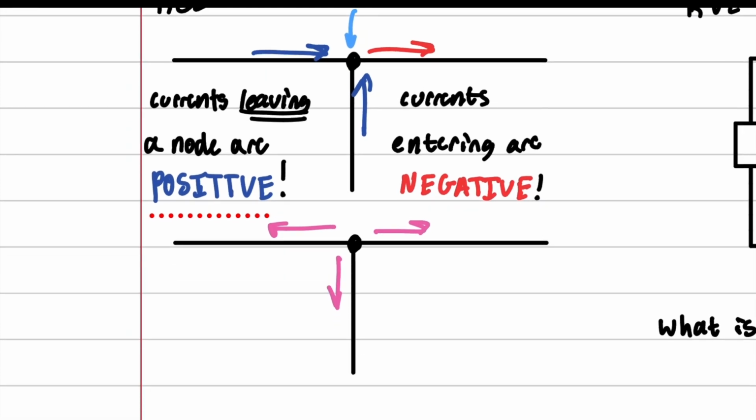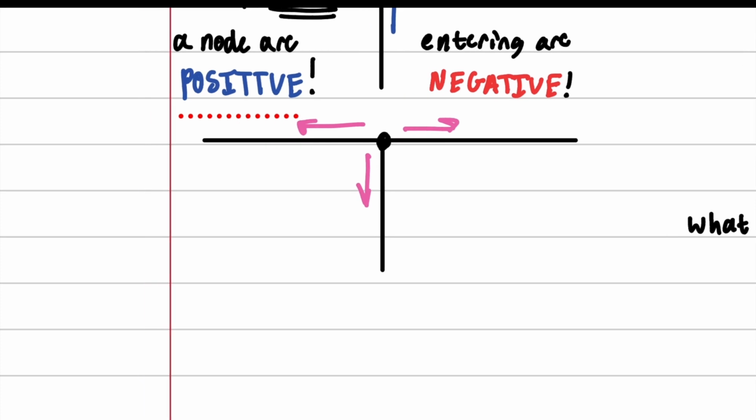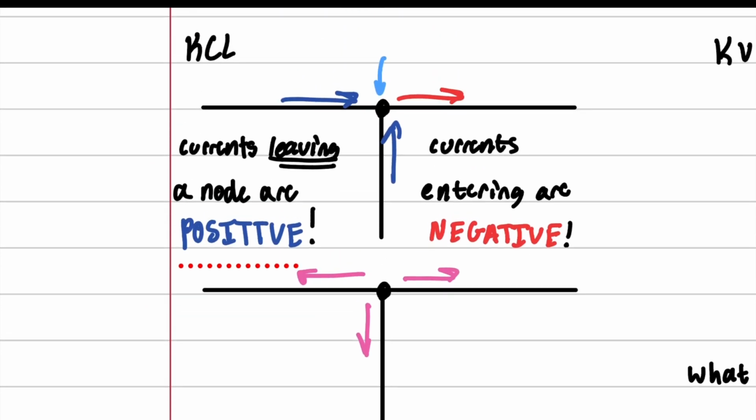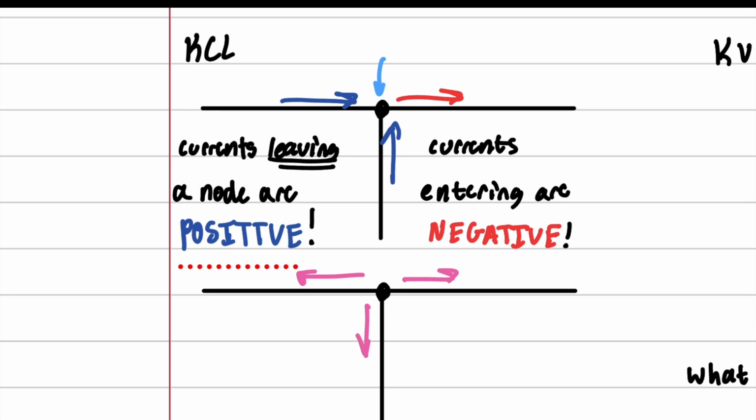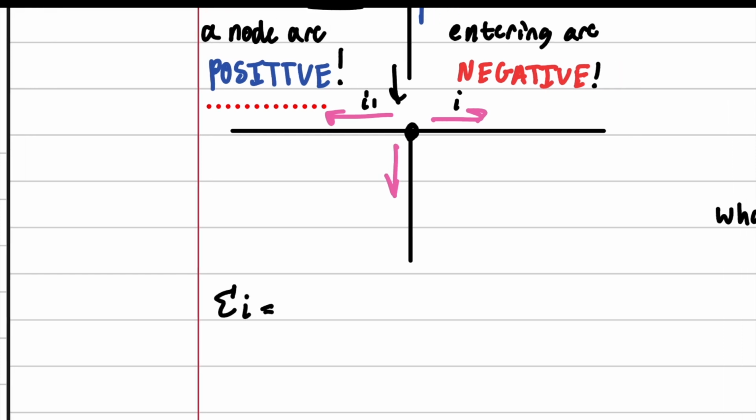So if you can see here, these pink ones, they're all going out, right? And you can see here, these guys right here are just the opposite of these pink guys. So this is just the same node with the magnitudes of these currents. So you can think of these magnitudes as just going out. And so you would just have the sum of these currents, and then we can call this guy I1, I2, I3.